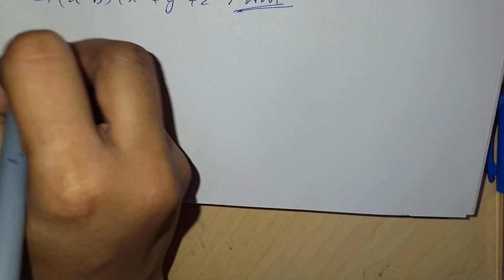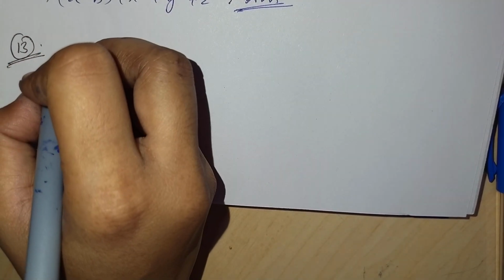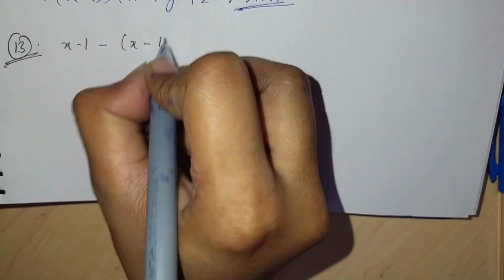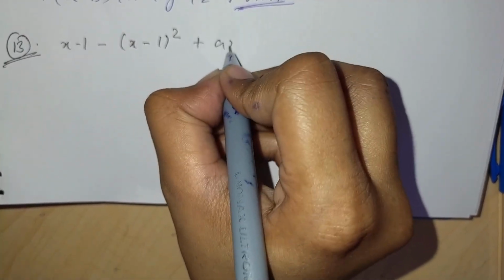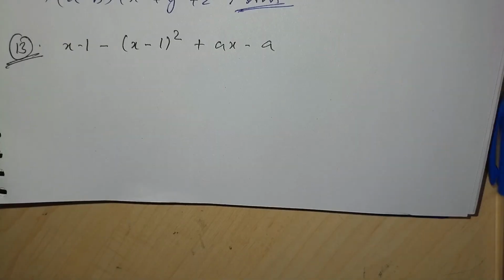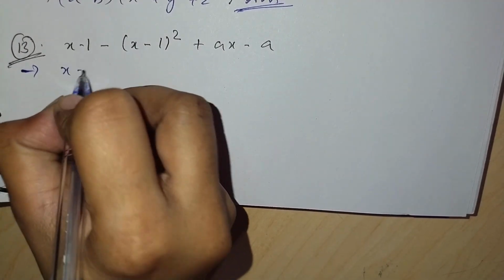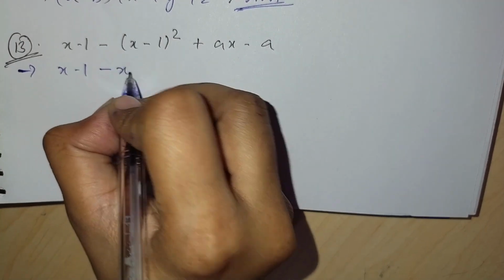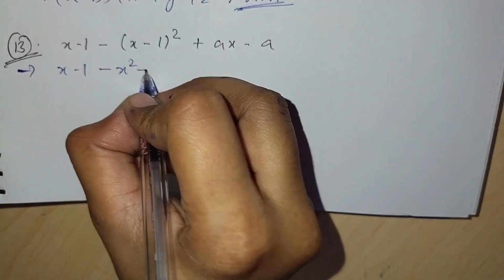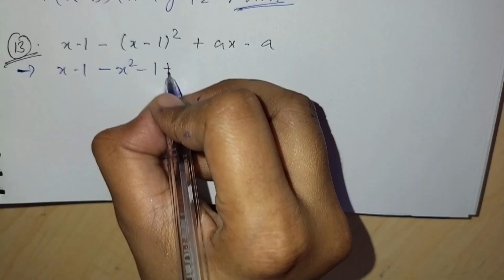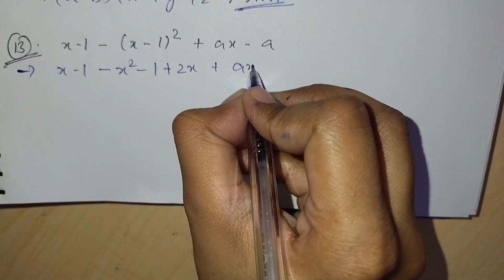Now the last question of this exercise, 13th question, which says that x minus 1 minus (x minus 1) whole square plus ax minus a. We have to factorize it. So we can write it by expanding as x minus 1 minus x square plus, so minus 1, then here minus 2x, so here it will be plus 2x plus ax minus a.